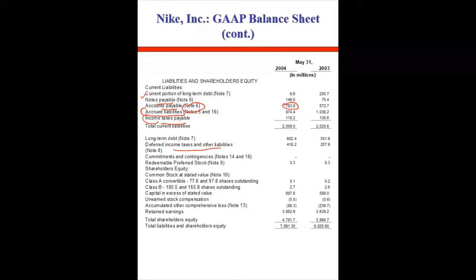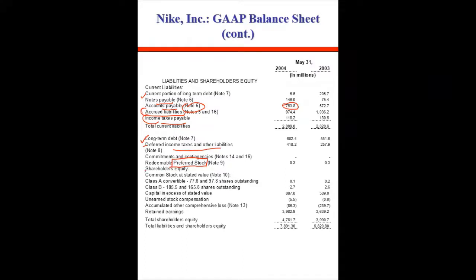And out of the long-term liabilities, the long-term debt is clearly finance obligations. And we have talked about deferred income taxes. It is to be part of operating. And commitments and contingencies, we need to look in more detail at what kind of commitments there are here. A redeemable preferred stock, it is clearly a finance obligation.